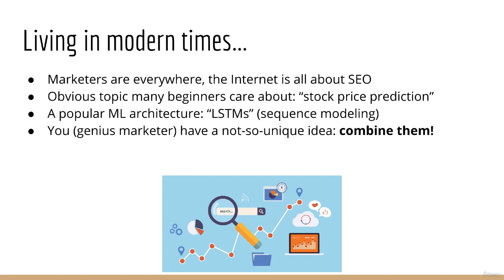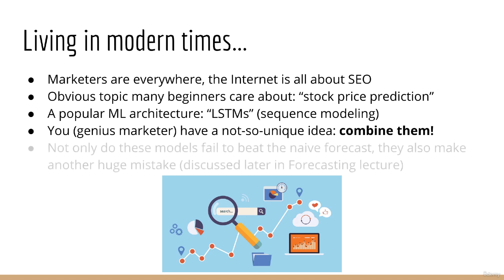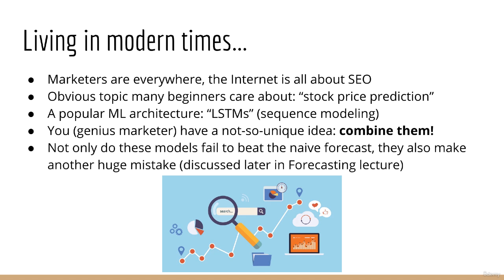I won't name any names, but there are some courses that make the very mistake I'm talking about in this lecture. Maybe you're watching this and you know where you've seen something like this yourself. There is another, even worse mistake that these marketers make, but we'll discuss that later when we talk about forecasting in general for time series models like ARIMA. If you want, you're encouraged to skip over to the forecasting lecture so we can continue this discussion.